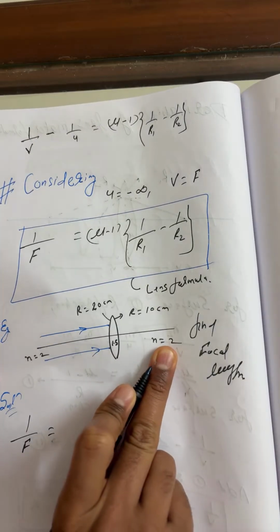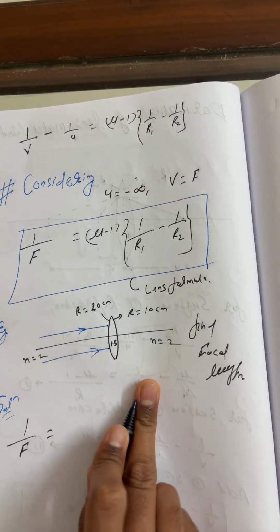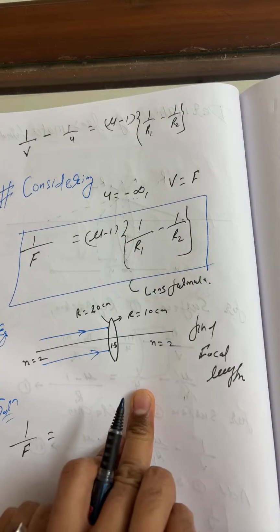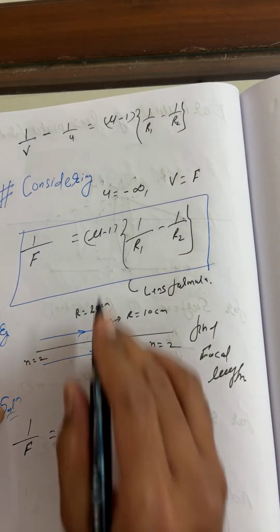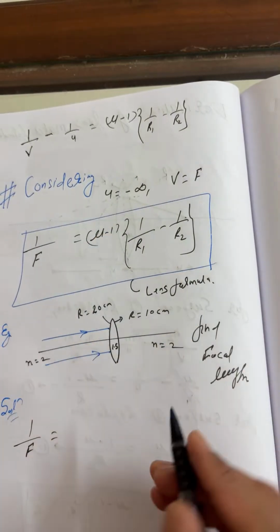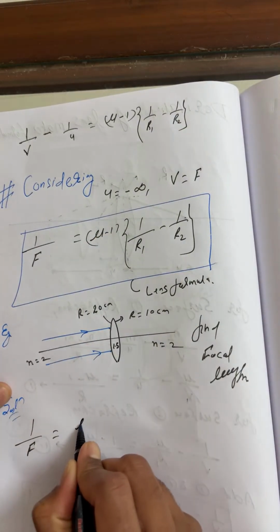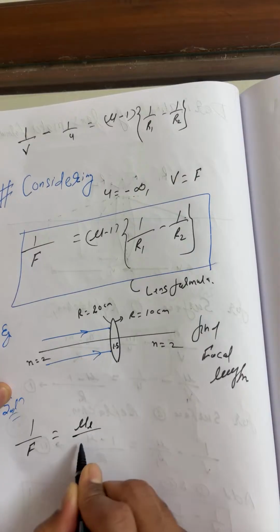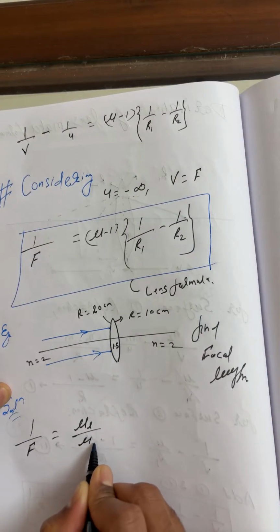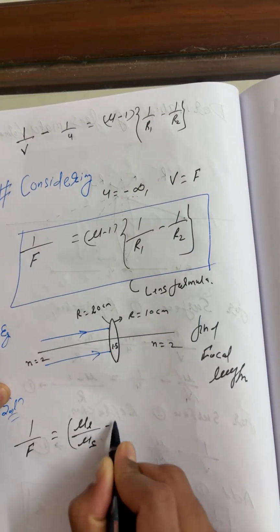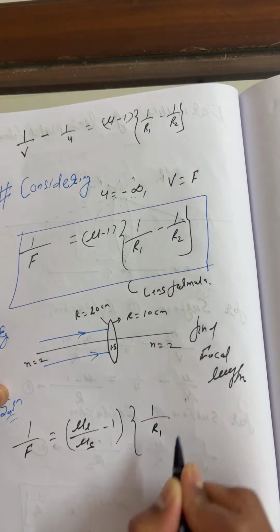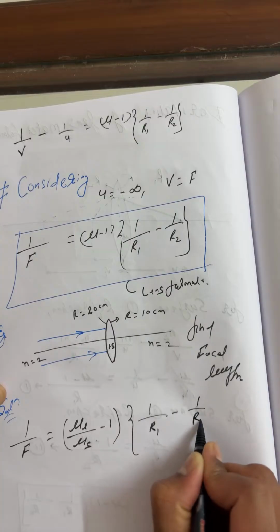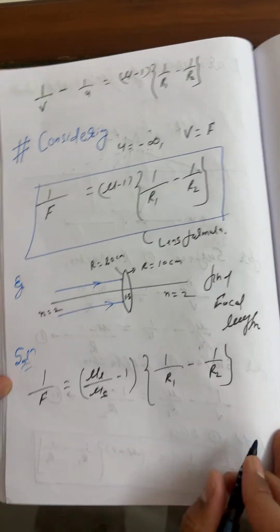You can change this formula a little: mu of lens upon mu of surrounding, minus 1, into 1 upon R1 minus 1 upon R2.